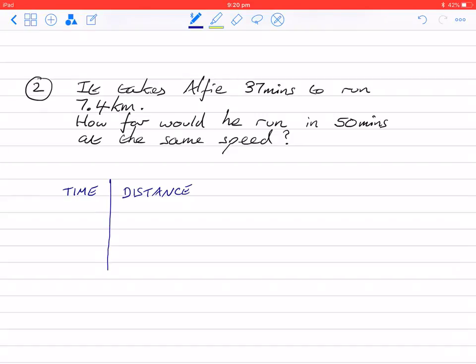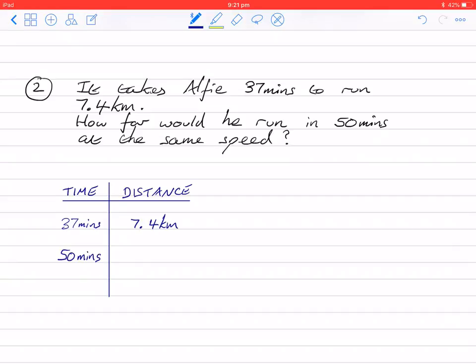Okay, so time, we've got 37 minutes. And the distance that Alfie ran was 7.4 kilometers. And it says if he runs at the same speed, how far would he go in 50 minutes? So again, I'm going to leave a gap. Go 50 minutes.